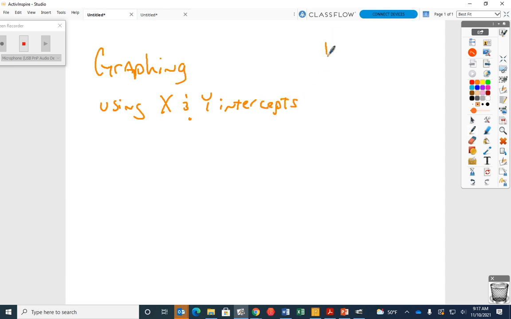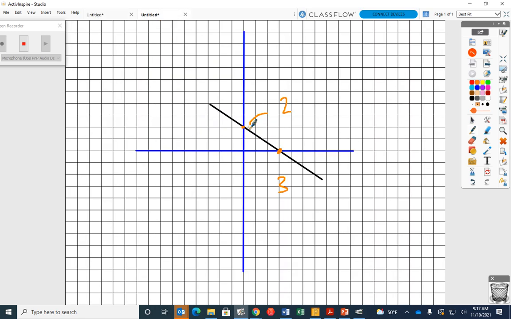Now pay attention to how this works, because it's a little confusing to start with, but once you get it, it's pretty easy. If I look at this line right here, where does it cross the y-axis? A 2.